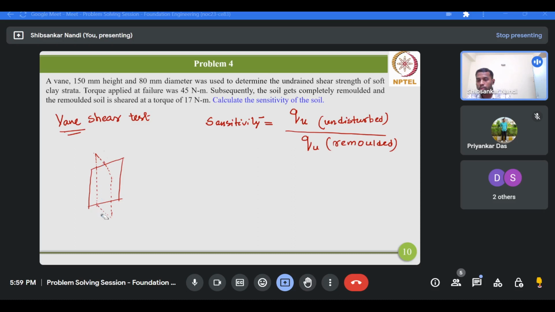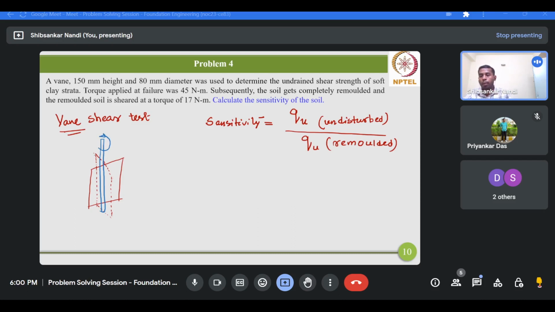Okay, so something like that, it's connected, and then it's basically twisted. Okay, so torque is applied.